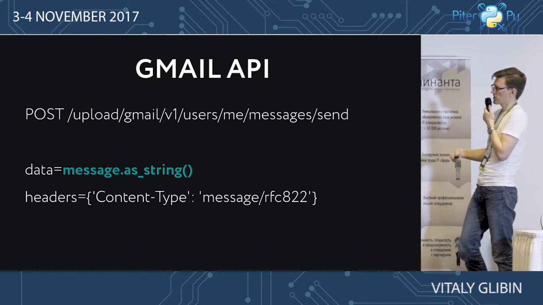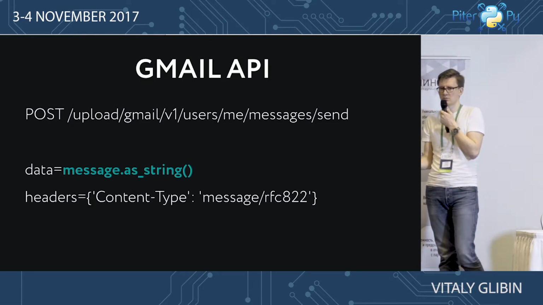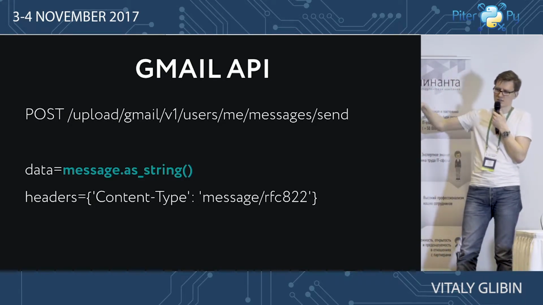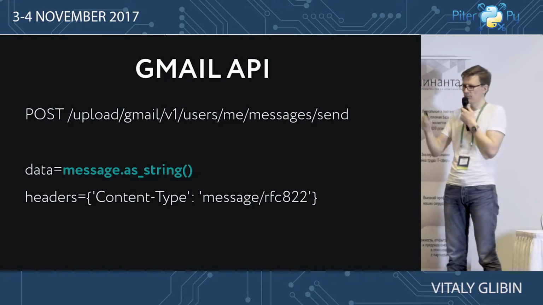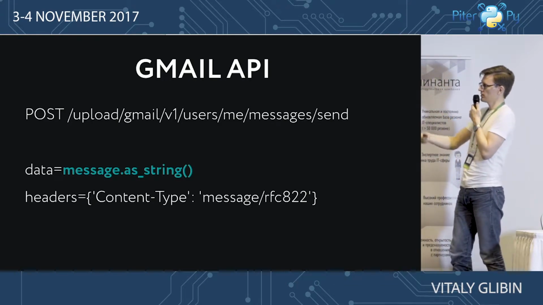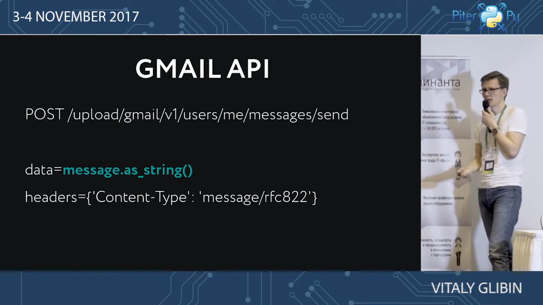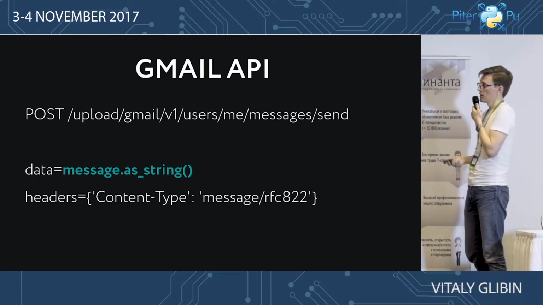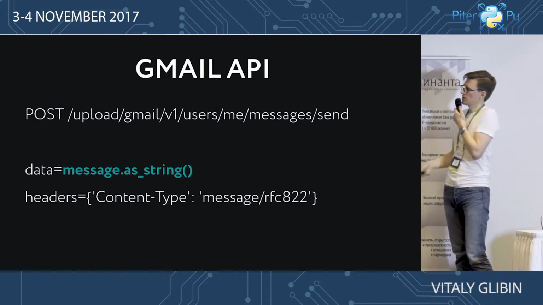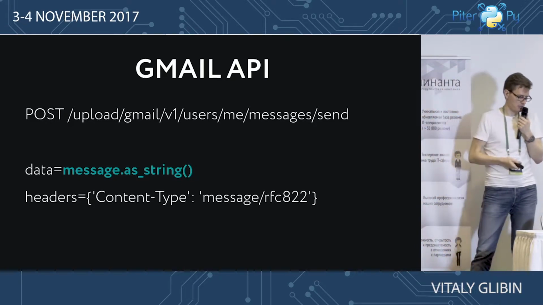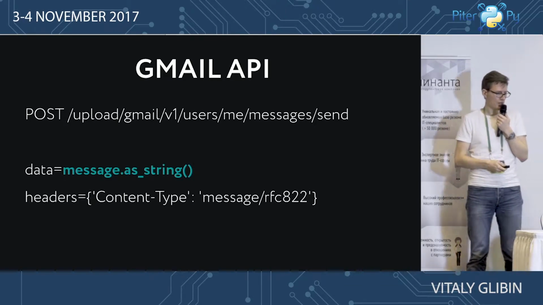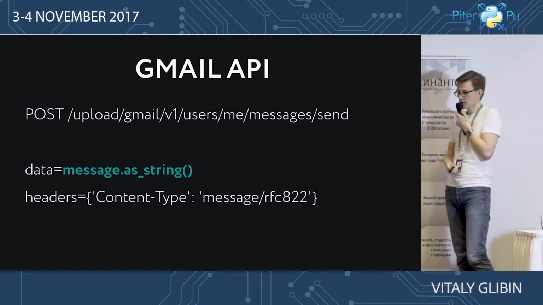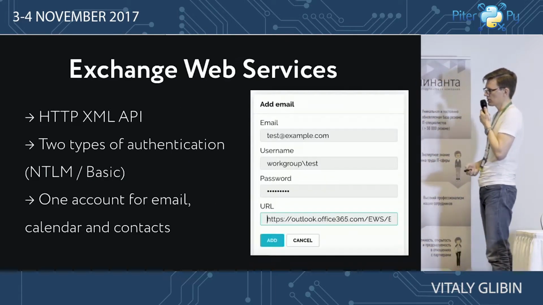And the simplest way is using our email library, making a struct, and then sending it out, just to demonstrate the format of sending. Everything seems quite good. And there is a 15 megabyte restriction in Gmail for sending messages.